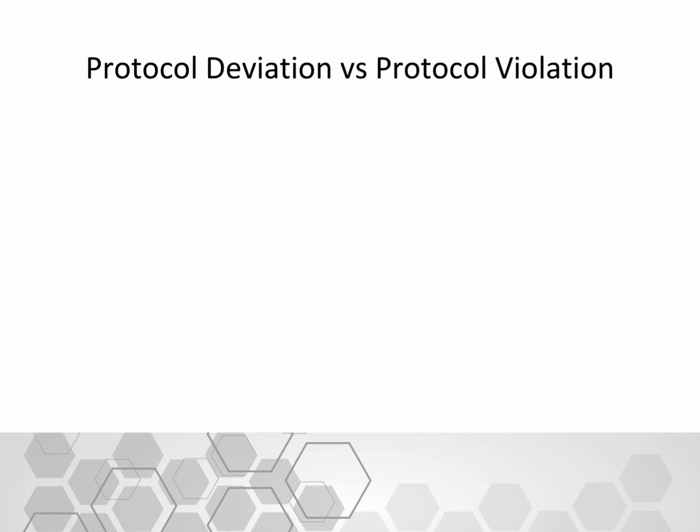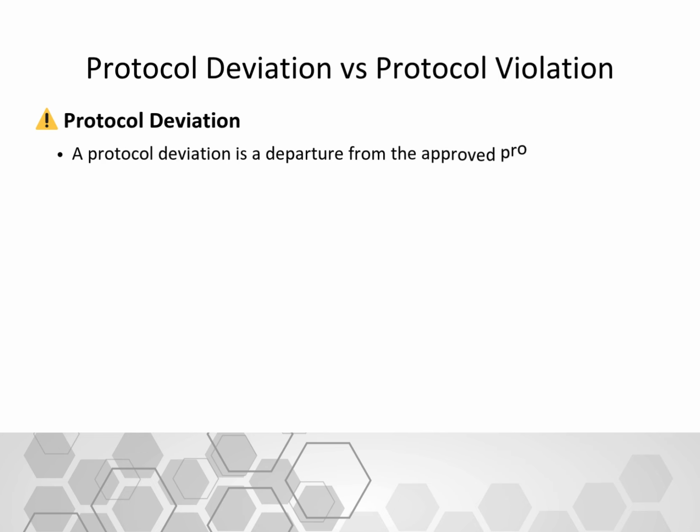Now, let's move to a topic that causes a lot of confusion, even among seasoned research professionals. What's the difference between a protocol deviation and a protocol violation? These terms are often used interchangeably, but they shouldn't be. Starting with protocol deviation. A protocol deviation is a departure from the approved protocol that is unplanned and typically minor.